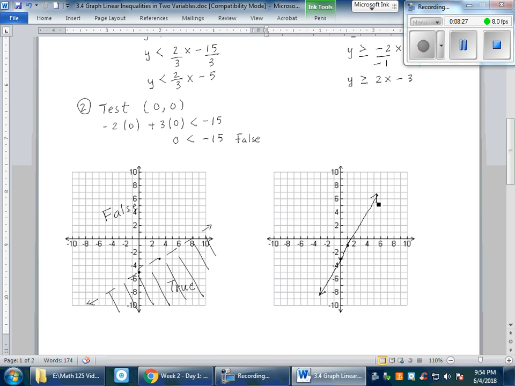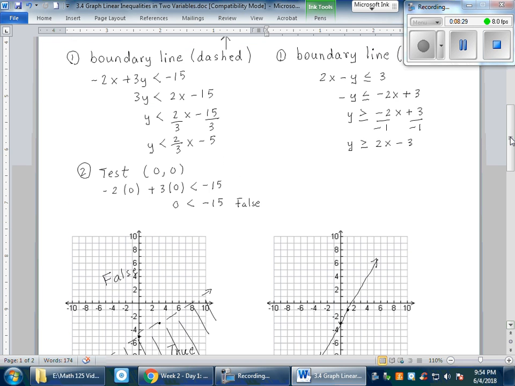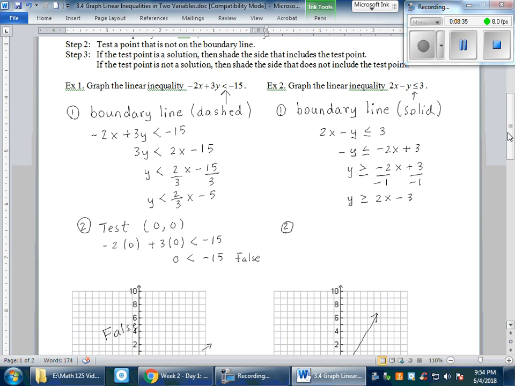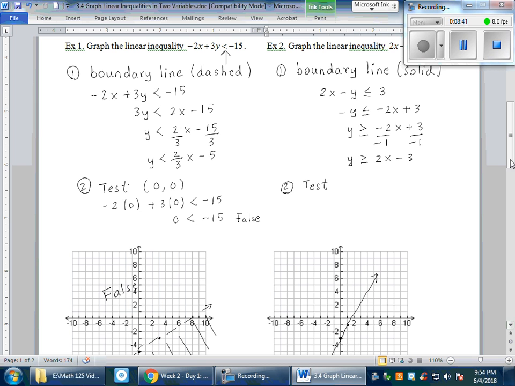Now the next step will be testing the point. Okay, testing the point. Again, 0, 0 is not on the boundary line, so I'm going to substitute 0, 0 into the original inequality, which is 2 times 0 minus 0 is less than or equal to 3.